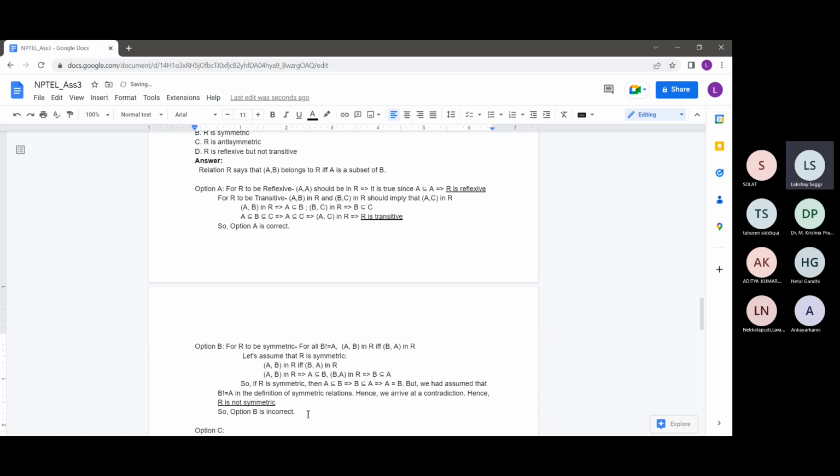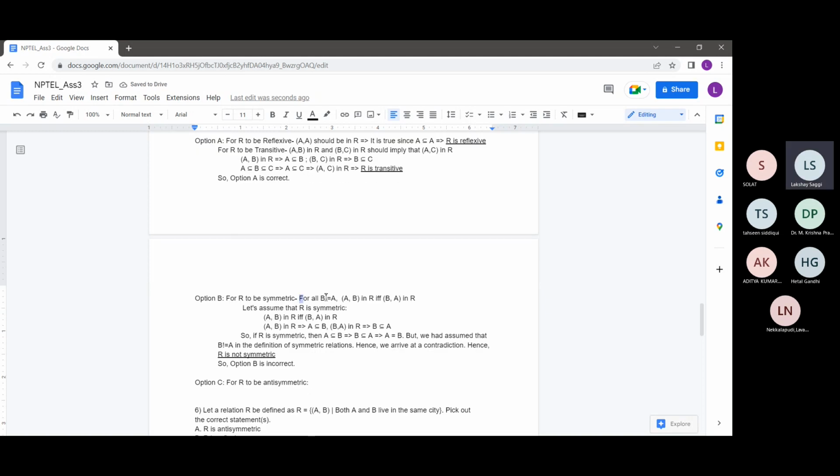Option C is basically R is antisymmetric. Using similar arguments, I'll just go through these arguments fast.